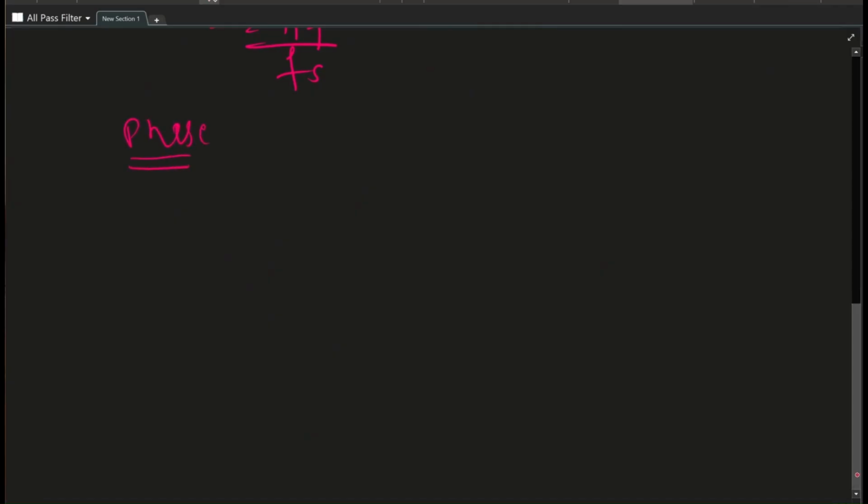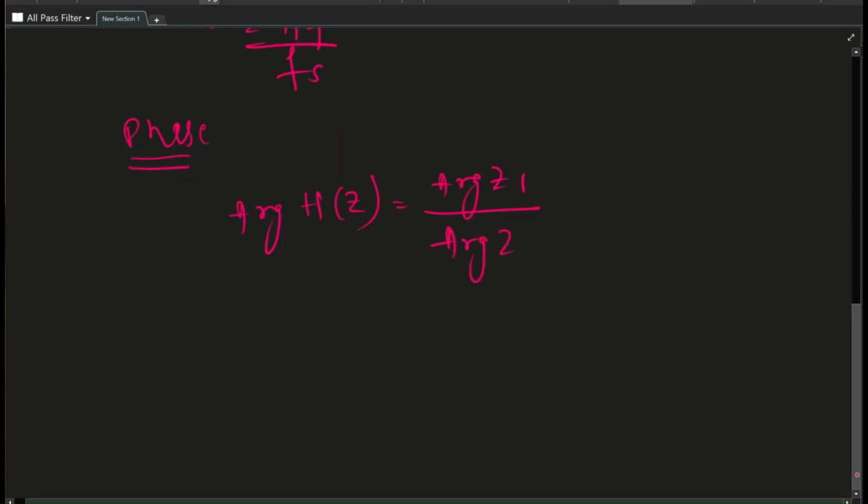Now, what about the phase? So when we take the argument of this function H(z), basically it is the argument of z1 divided by the argument of z2, which was nothing but tan inverse of minus omega by alpha, and since the denominator phase is in opposition, this will be written like this, tan inverse omega by alpha.